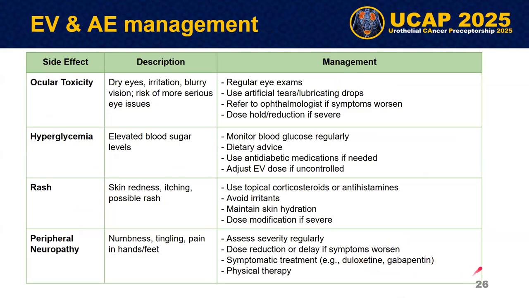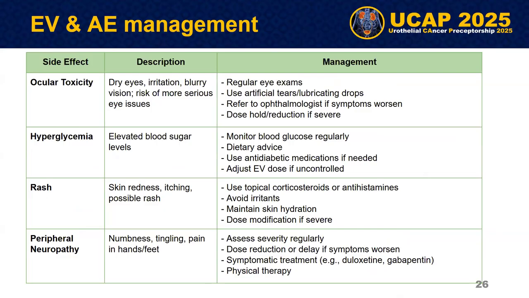So the adverse events, I think we previously have covered it briefly in the EV-301, but mainly the topmost three important ones are ocular toxicity, hyperglycemia, and peripheral neuropathy, which is the important criteria that I discussed. So I suggest that you can pause this slide and read this closely. I will not go into it in detail.